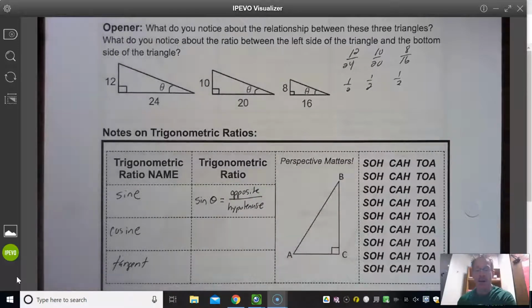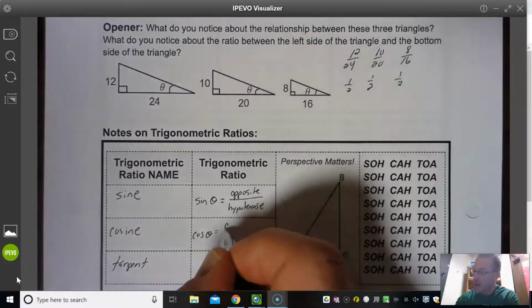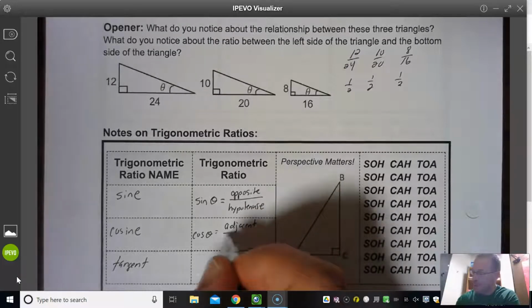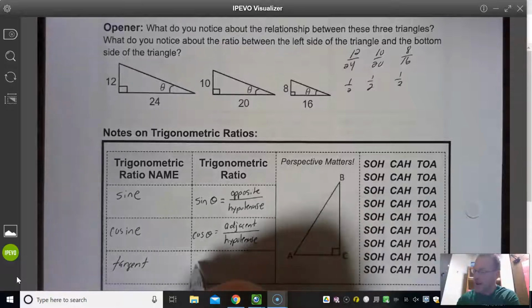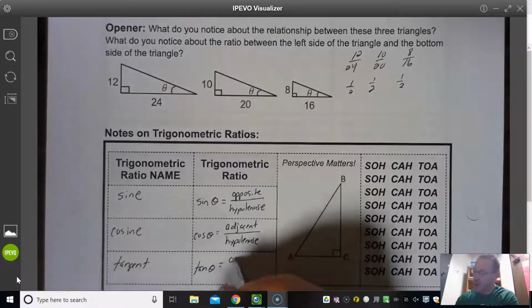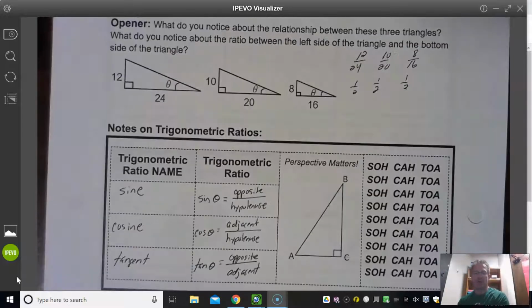I'm going to talk about exactly what that means in just a moment, but I'm going to give you the three ratios first. So cosine of theta is going to be the adjacent side over the hypotenuse. And then tangent of theta is going to be equal to the opposite side over the adjacent side. Okay, so those are our three ratios.